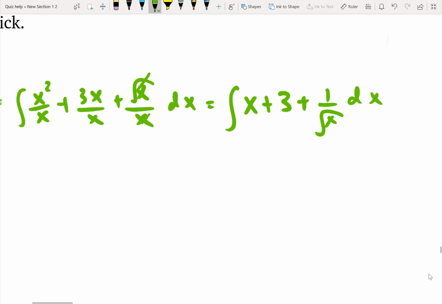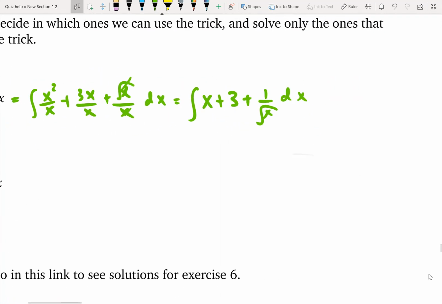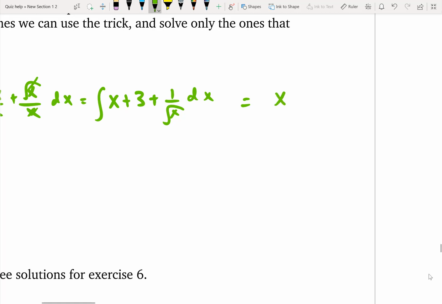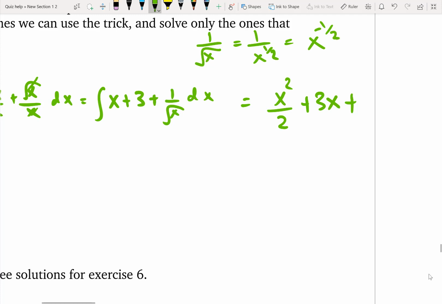Now let's integrate. If you integrate x, what do you get? We get x square over 2. If you integrate 3, you get 3x. If you integrate 1 over square root of x, well, we can write 1 over square root of x as 1 over x to the half. 1 over x to the half is the same as x to the negative half. So you switch the sign of the power when you take it from the denominator to the numerator.